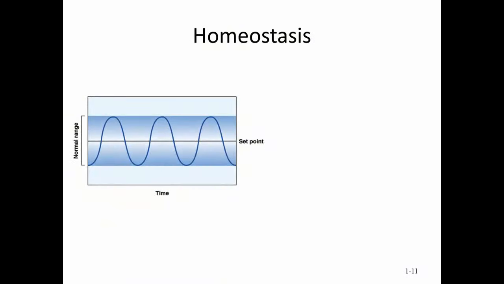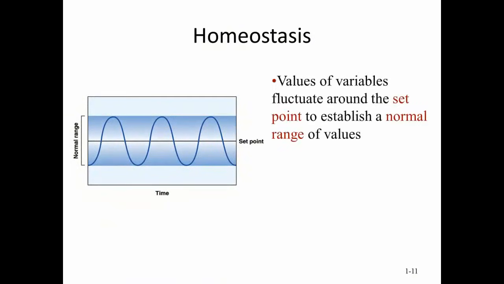Homeostasis. Homeostasis is basically how we're going to regulate the internal environment of the body. Okay, the body tries to maintain itself, and basically homeostasis is a value of variables that fluctuate around a set point to establish a normal range of values.